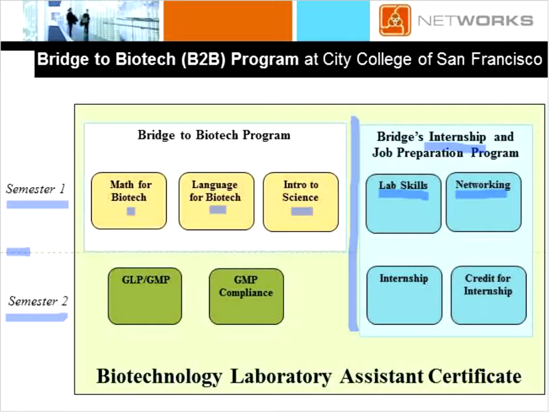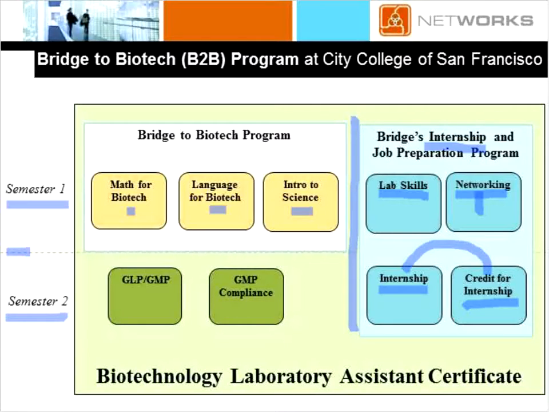We've found that saying "report here for an interview and see how it goes, let me know what you think" is not that helpful for students. So we're teaching them to network and find their own internships. The second semester they take some FDA compliance classes, and they also complete their internship, and they take a class that supports them and gives them credit for the internship.